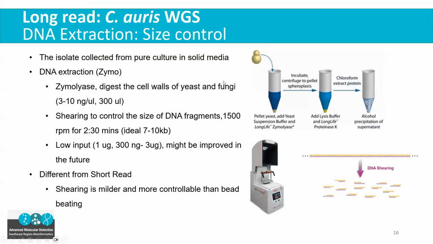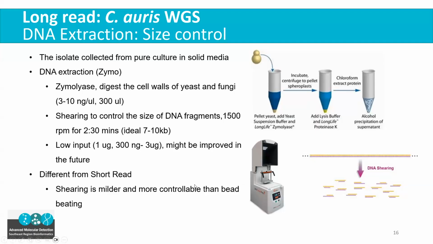The isolate is collected from pure culture. Instead of bead beating, we digest the sample using Zymolyase because PacBio requires a DNA fragment size of around 10 kb for optimal output, and bead beating would not maintain those fragment lengths.